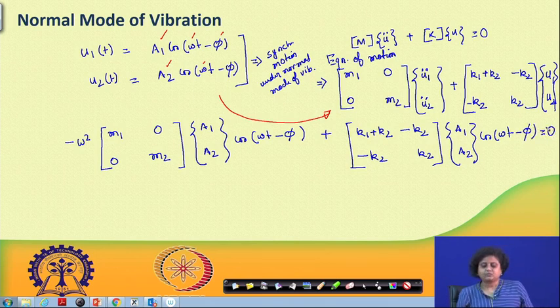Okay. So, what I have done is only substitute this solution into the equation of motion.